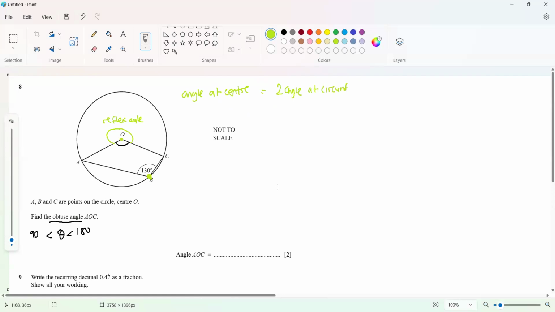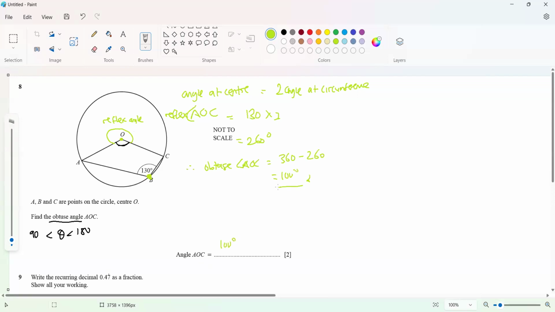So in other words, the reflex angle AOC will be 130 multiplied by 2. That would be 260 degrees. So obtuse AOC would be 360 minus 260, so that is 100 degrees.